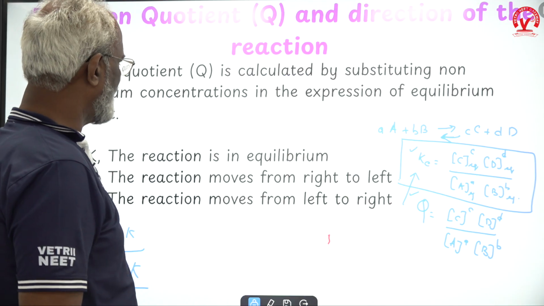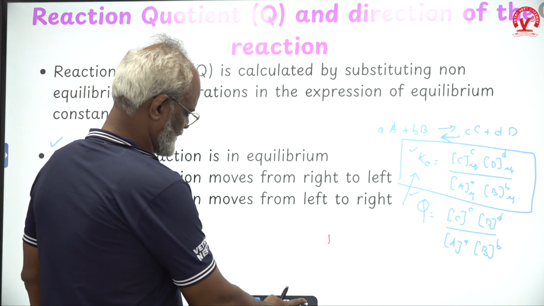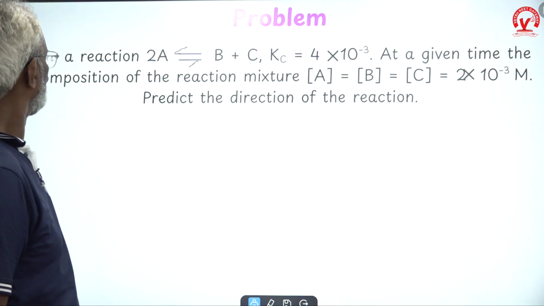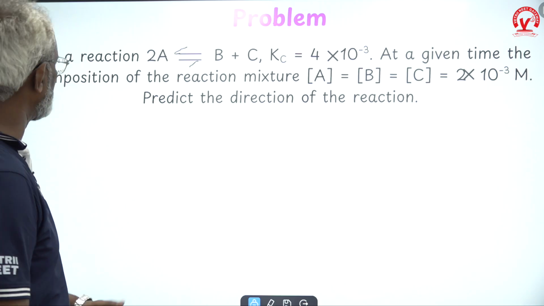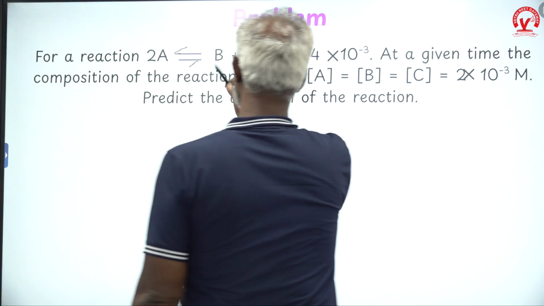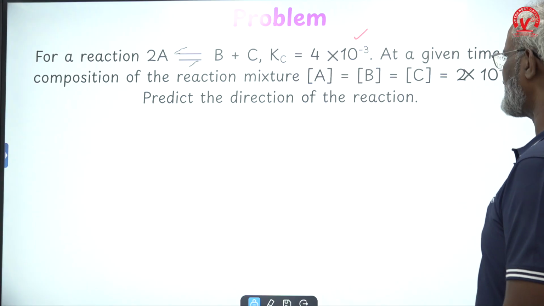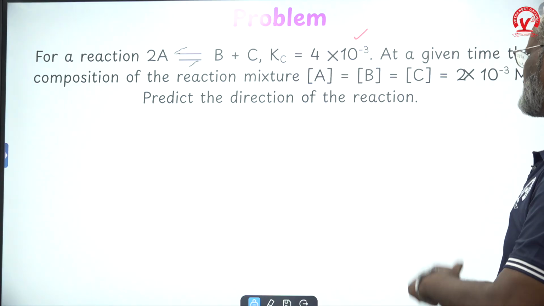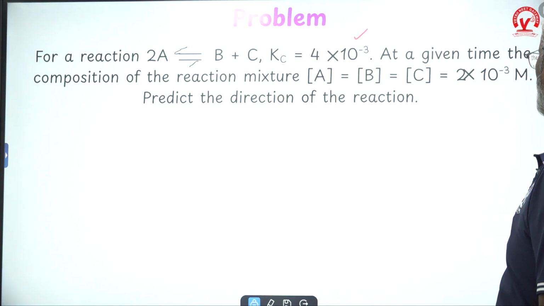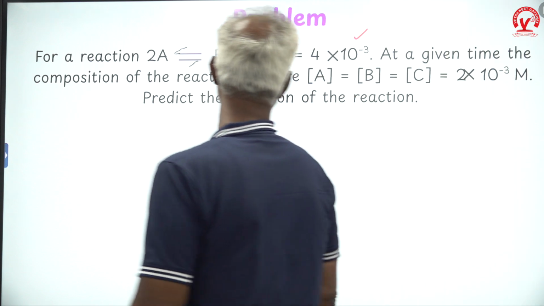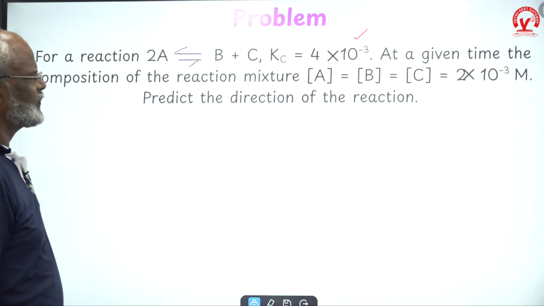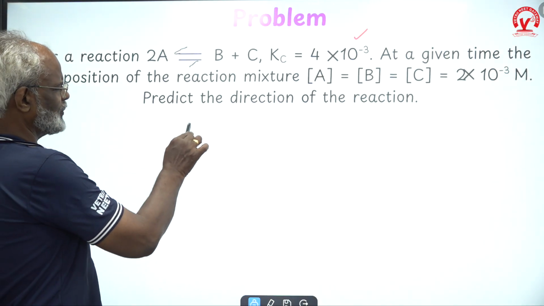We will take a problem and try to understand this. For a reaction 2A giving B plus C, the Kc value is given. At a given time, the composition of the reaction mixture is [A] = [B] = [C] = 2 × 10⁻³ M. Predict the direction. So we have to find Q, Kc is given.